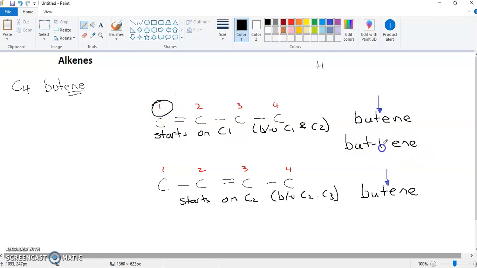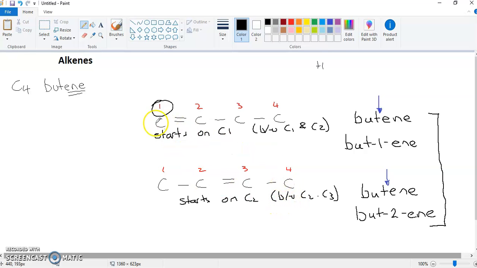So this one is but-1-ene, and this one is but-2-ene, with the double bond starting on carbon 2. So with this one, we have 2 structural isomers for just the main carbon chain itself.